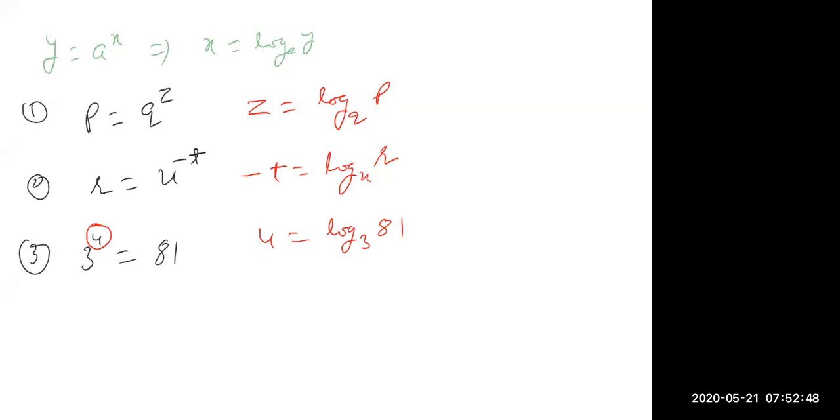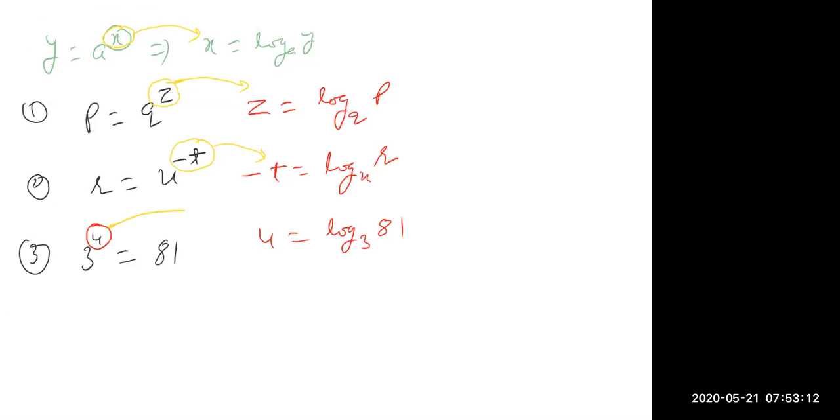See in these questions, see here, what I am telling. y is equal to a raised to power x, so this is the index. Every time the index comes in the front here. So here what is the index? This index is z, z is coming in the front. Index is minus t, this is coming in the front.